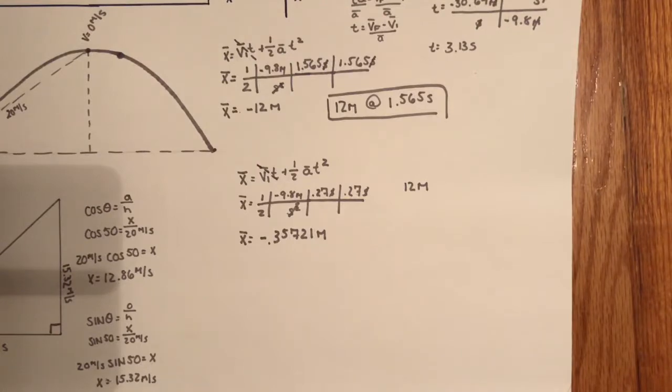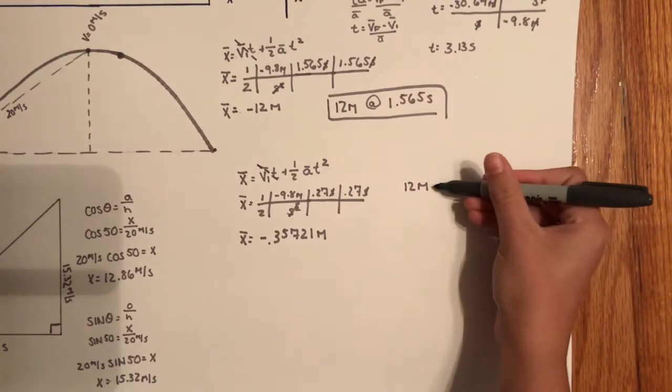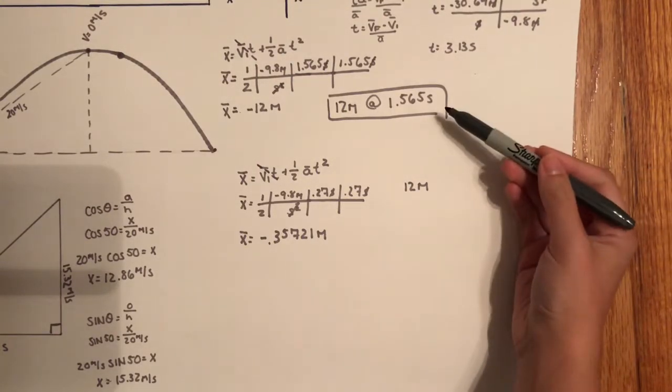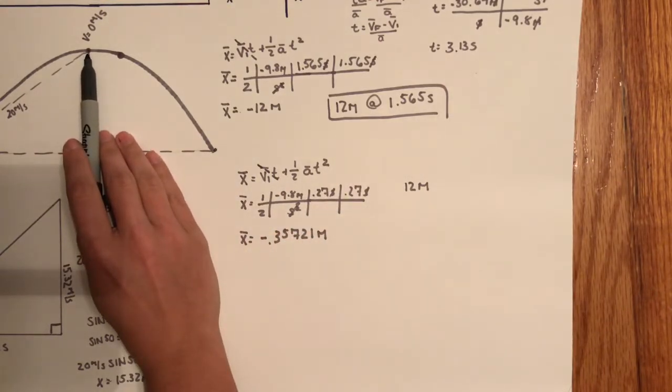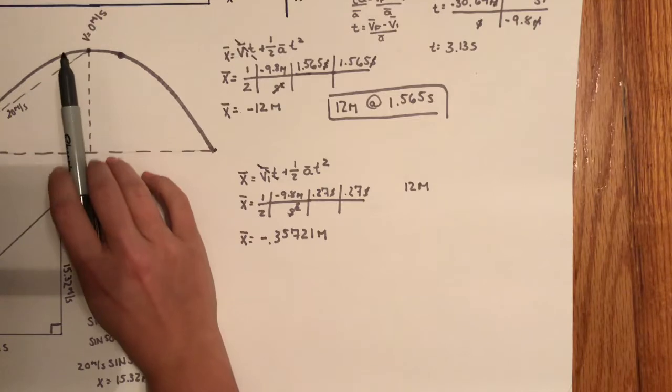So in order to answer our final question, we are going to take the 12 meters, which we solved for prior, which we know is how high the snowboarder is in the air when he has to start his trick.